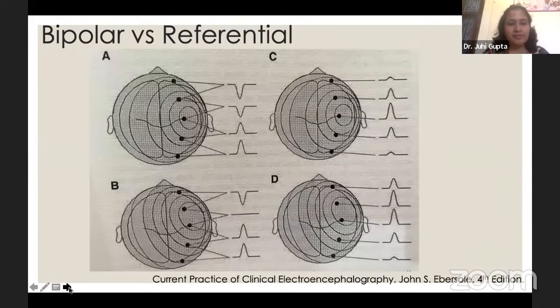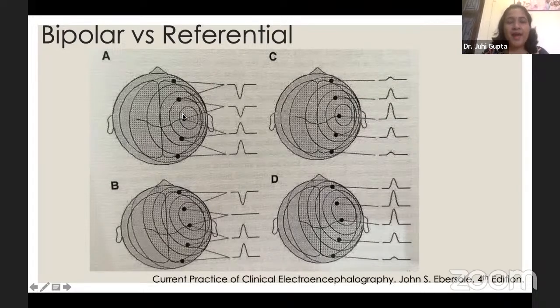Let's discuss more about it. This is a photograph from a book, and herein I'll try to explain the main difference between referential and bipolar montage. Here you see a view of the scalp. Suppose you have an electric field here, and electrodes placed at these five places, and these are the channels showing the deflections.